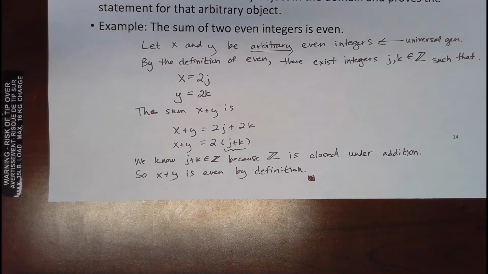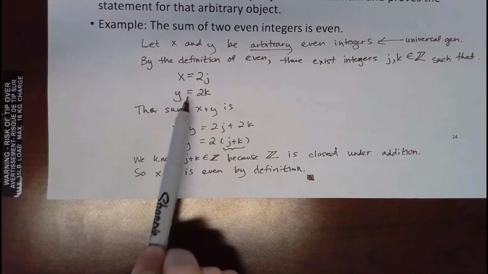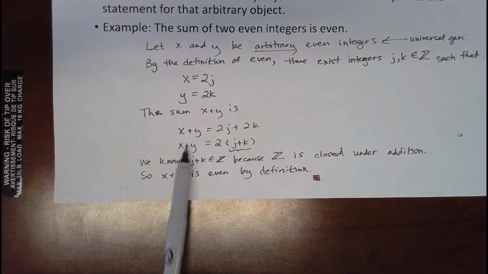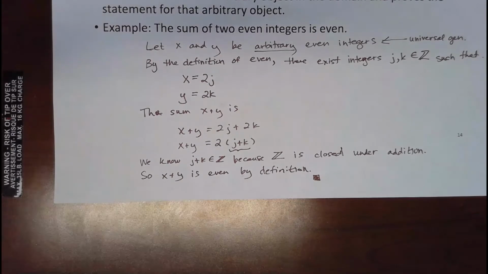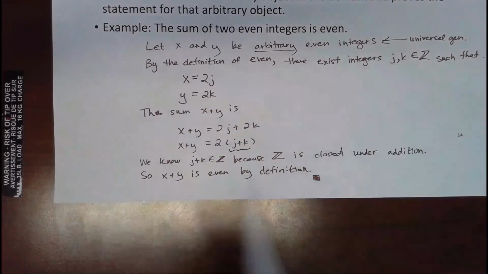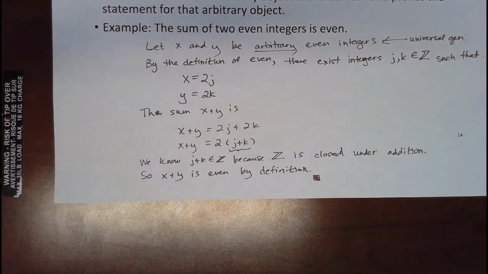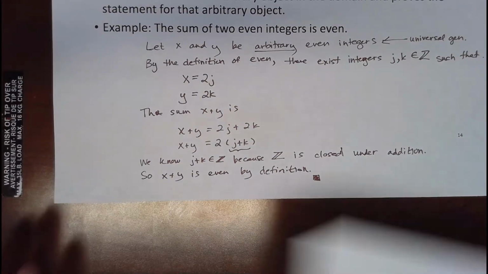And so we didn't pick any specific integers. This applies to any integer, and this applies to any integer. We add them together. It's a very general argument. And now I know it's true for an infinite number of even integers, even without having to consider, okay, is 2 plus 2 even? Yeah, it is. Is 2 plus 8 even? Yeah, it is. Obviously, you couldn't go through all of them. So this is the way to argue it, just in a general way.